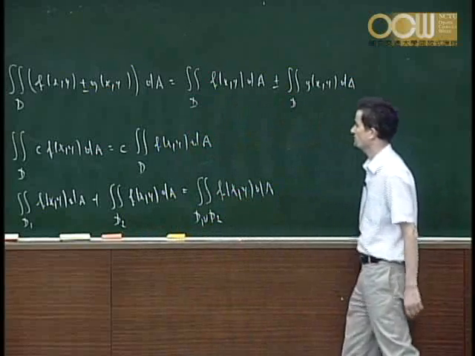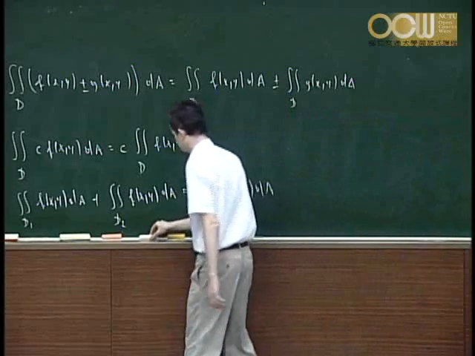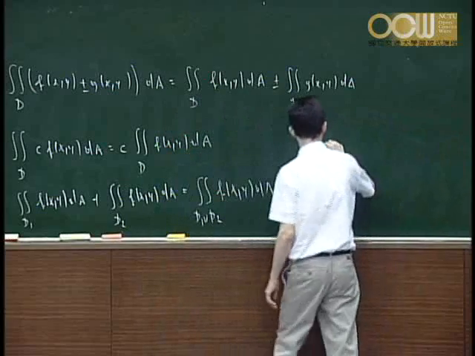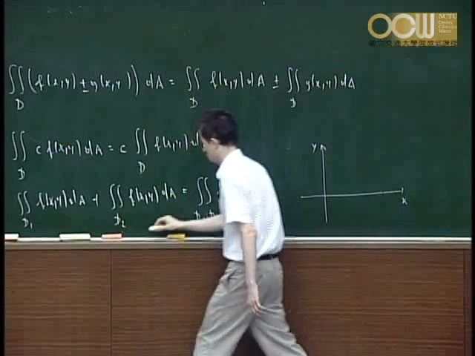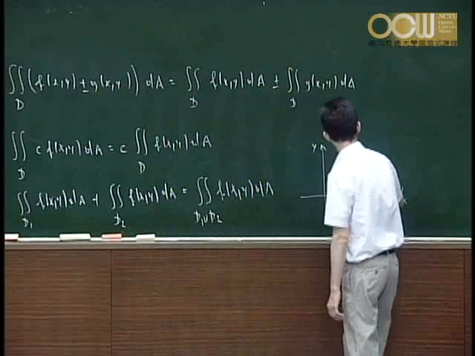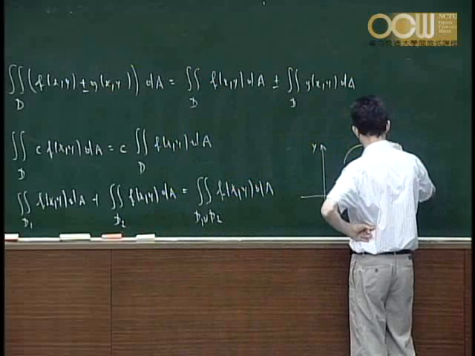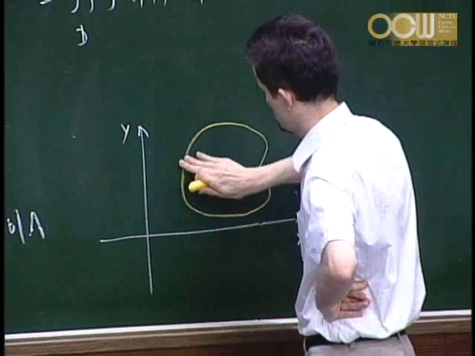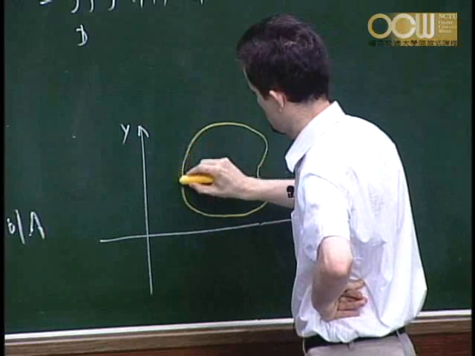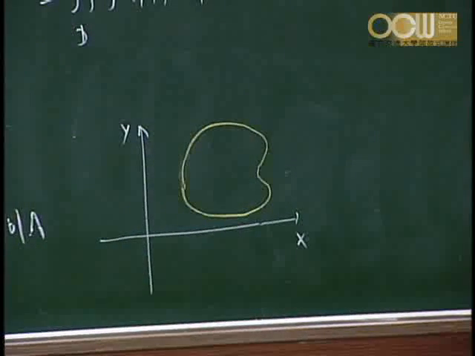This is sometimes helpful, because if you have a region which looks like this here, you can use this property.